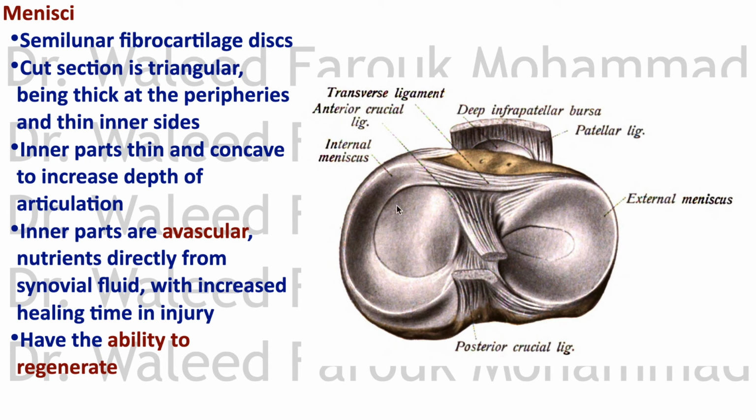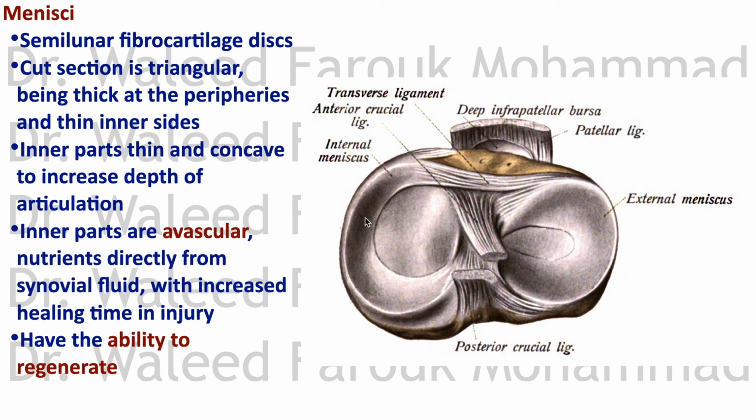Now the menisci. They are pieces of fibrocartilage, semilunar in shape, as you can see here. The cut section is triangular. It's thicker on the outside than the inside. The inside is thin to make a concave surface to increase the depth of the articulation of the knee joint.